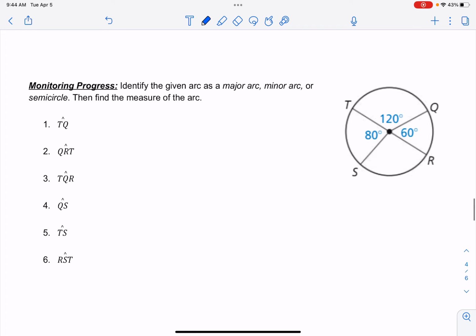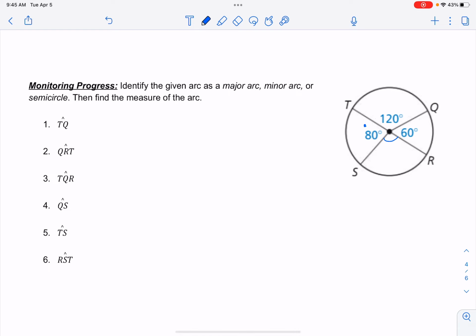And last piece, this one, not only do you have to find the measures, but we also need to identify if we have a major arc, minor arc, or a semicircle. So first thing I'm going to do here, I notice that when I look over at my circle, we only have this one angle that's unaccounted for, that we have not figured out the measurement of. So just to make my life a little bit easier for these other questions, I'm going to figure out what that is.